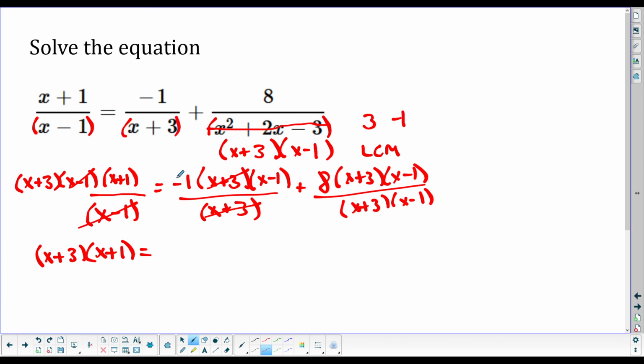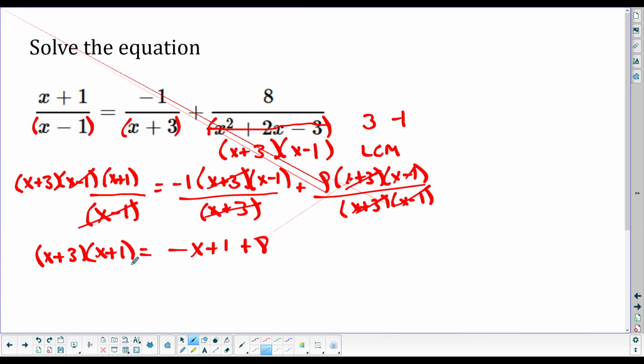And so I have negative 1 times x minus 1. That's going to be negative x plus 1. So I'm just going to write that out. Negative x plus 1. And then right here, both of these will cancel out, and so I'll just be left with plus 8.